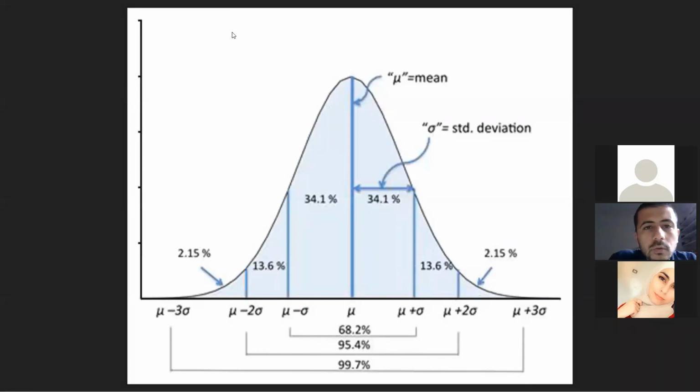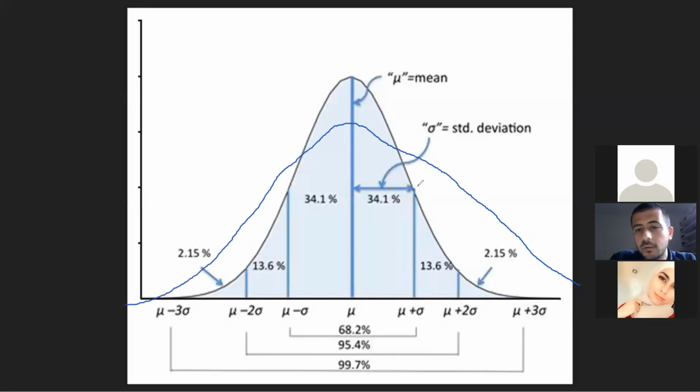This way, the standard deviation will be wider, right? And two standard deviations will be wider, and so on. So the mean with the standard deviation gives me a good understanding of the variance and how we can make it normal.